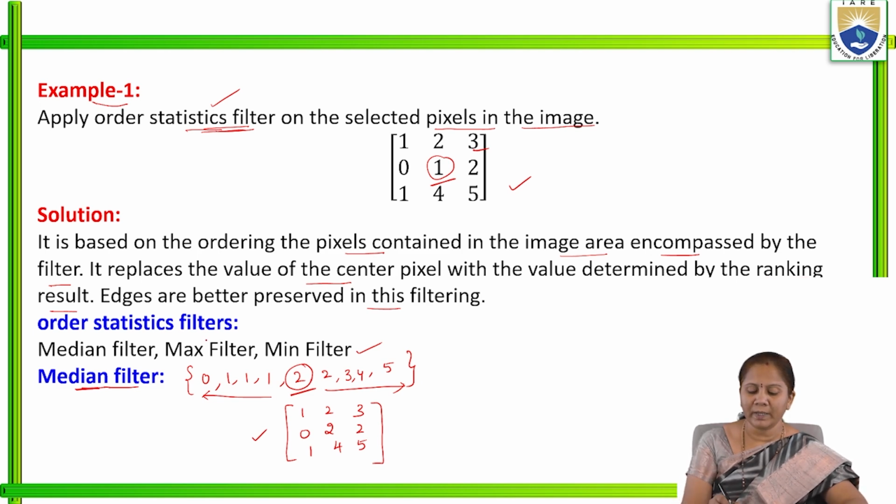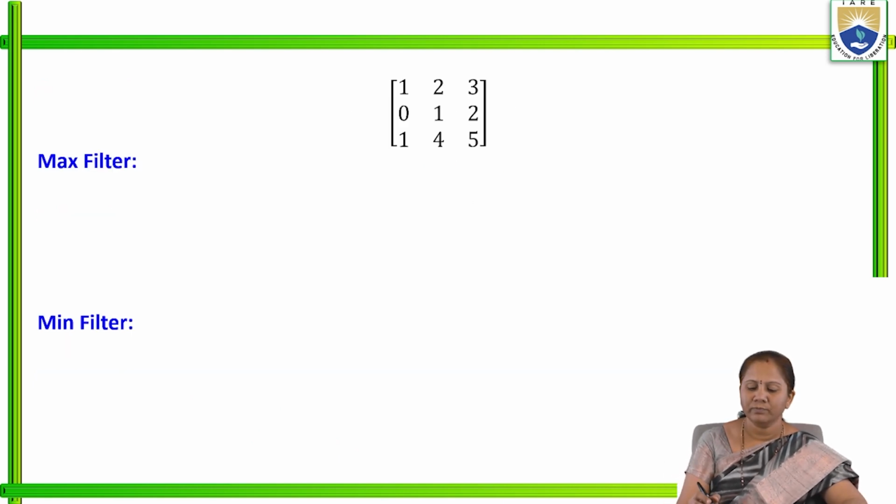Next let us apply another order statistic filter, the max filter, on this image. This is the image they have given. Before applying the max filter, here also we first have to see all these pixels and arrange them in ascending order.